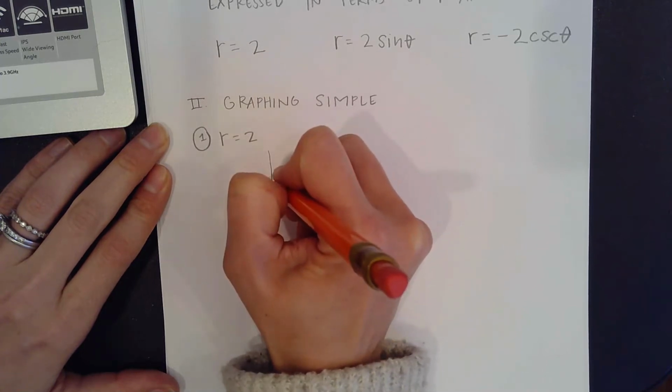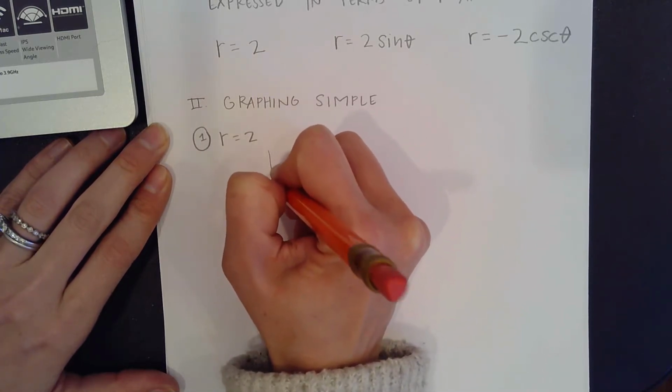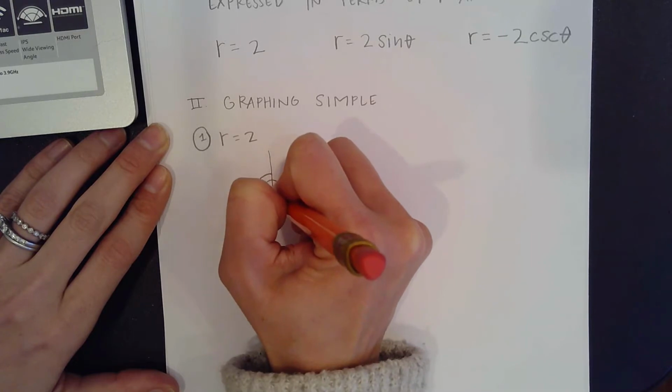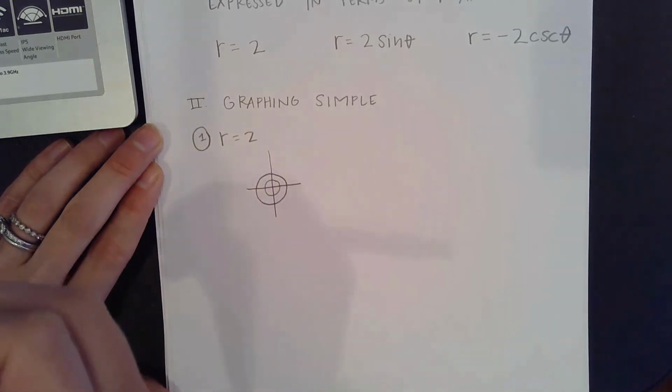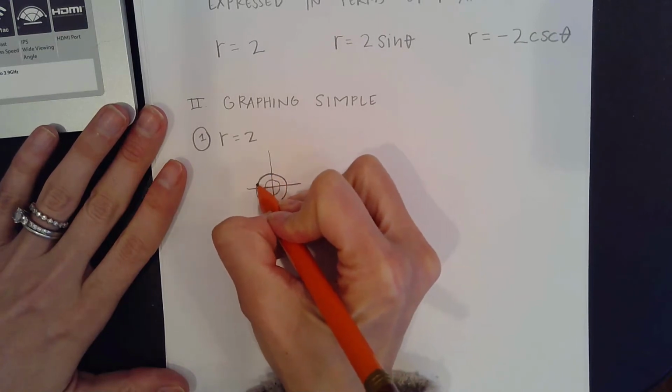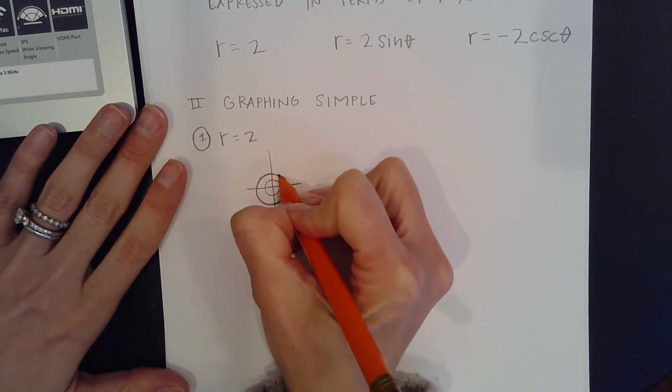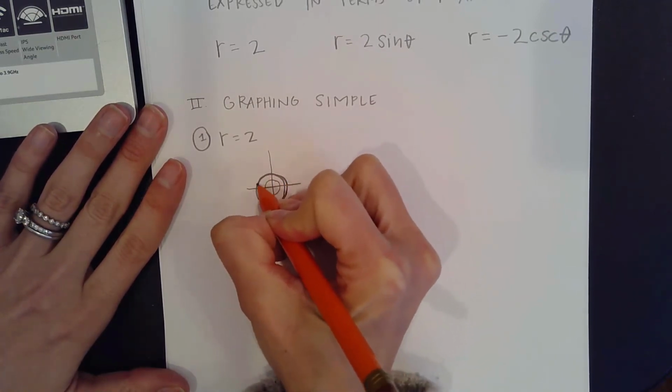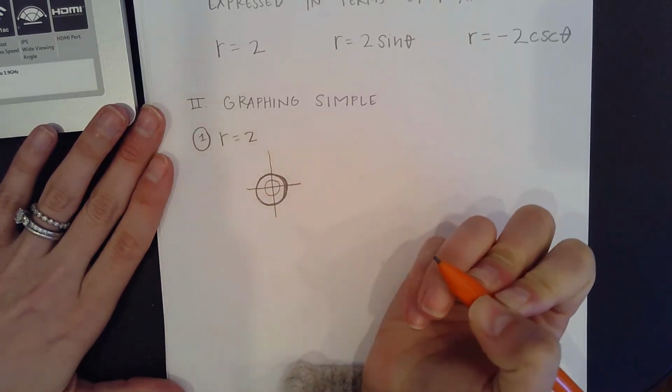So on here, you've got 1, so your whole circle here will be a 2. So this is going to be the graph of your polar equation because this is a radius of 2.